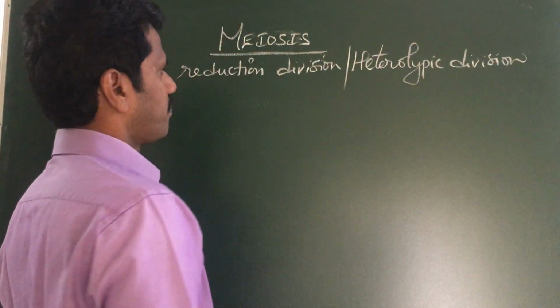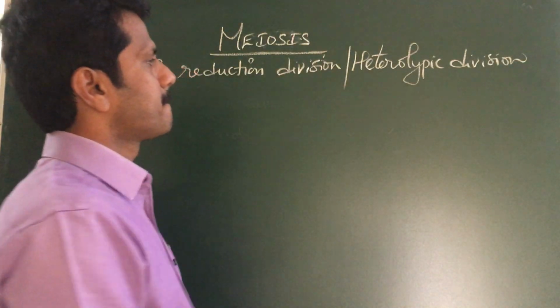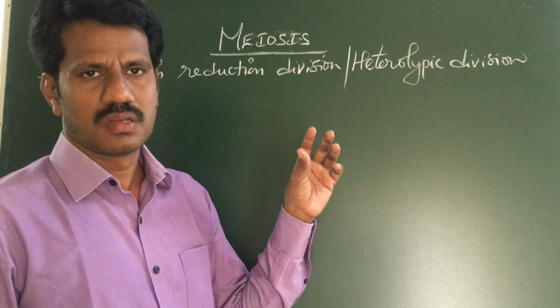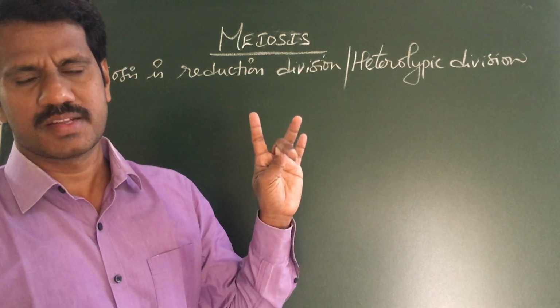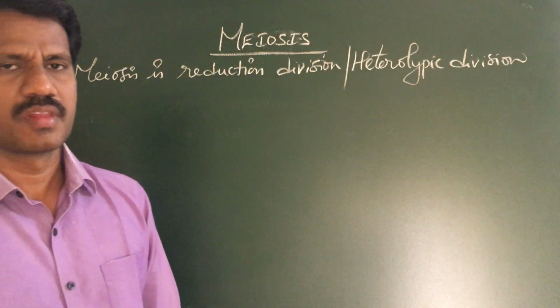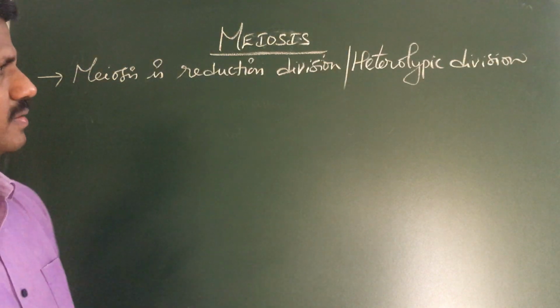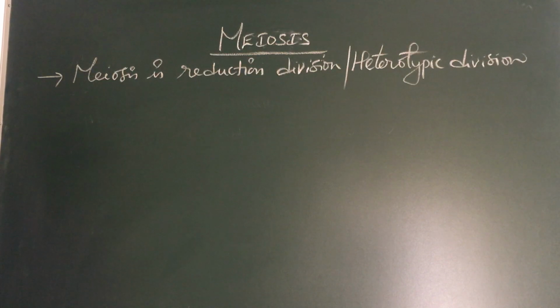Because here the cell participating in meiosis will not form the same type of cells. One diploid cell participates, and four haploid cells are formed. So we call it reduction division, that is heterotypic division. Let us see. So where does meiosis occur?